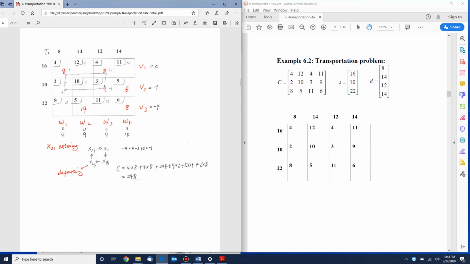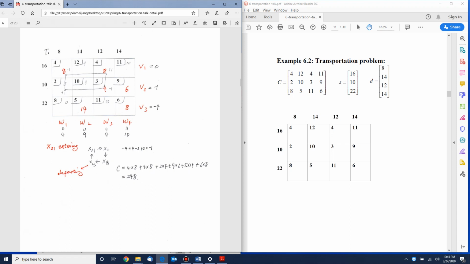Okay, now if we look at the table we set up from this data, we start at the first row, right? For the first row, we have 16 units from the orange one. Here you could see that cell 11 and cell 13 have the lowest charge, that is $4, $4.